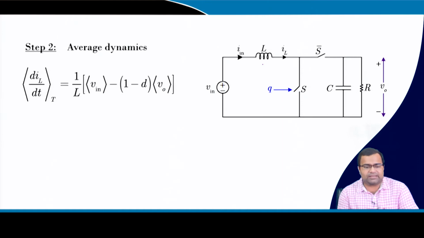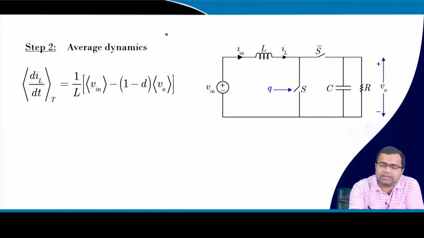So, average current dynamics you can write, we already know that IL dt over a cycle.